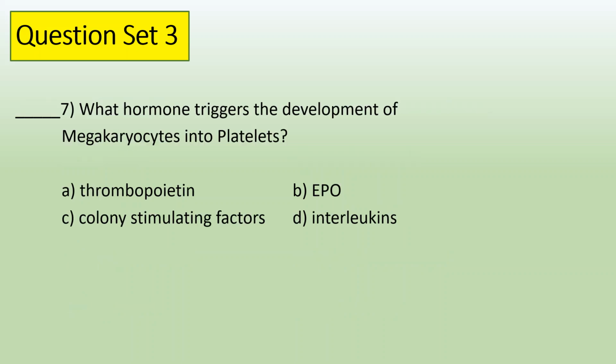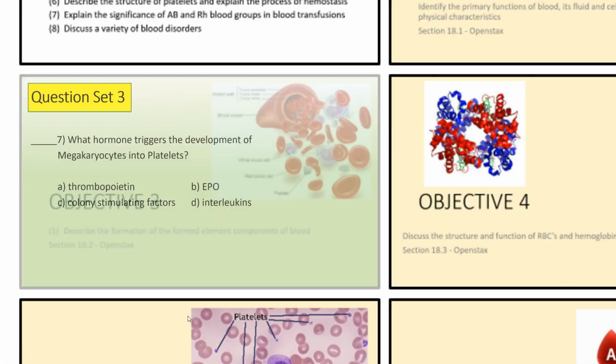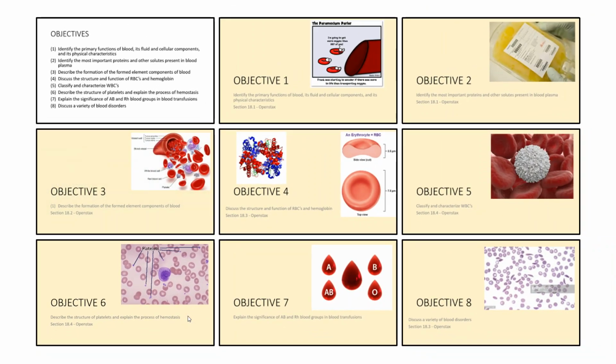I'll give you a second to take a look at number 7. Remember, platelets are also called thrombocytes, so thrombopoietin is what will give rise to platelets when that hormone is present. And that concludes objective 3.